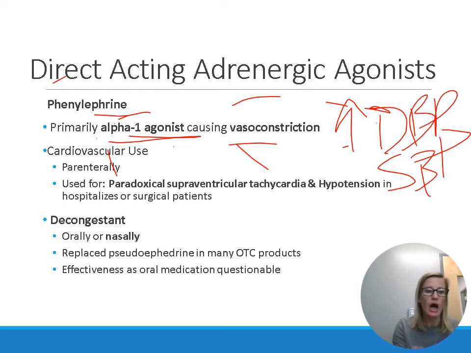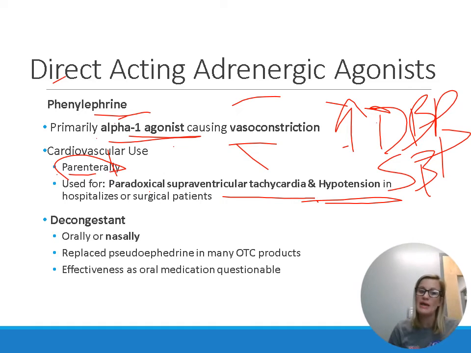So uses. It can be used cardiovascularly. We give it parenterally. It is injected for paroxysmal supraventricular tachycardia. Again, the reason for this is it would lower heart rate. It induces a reflex bradycardia. Also, it can be used for hypotension because it causes vasoconstriction and increases blood pressure.